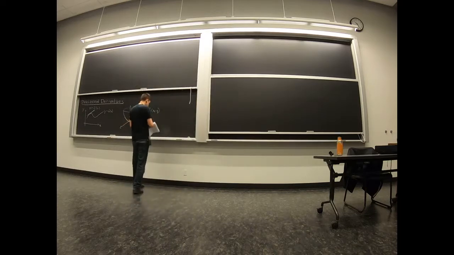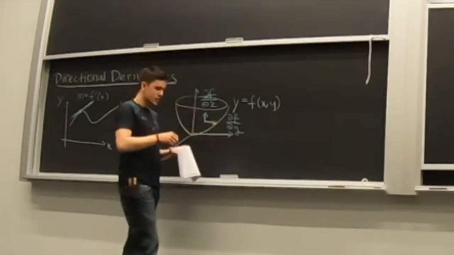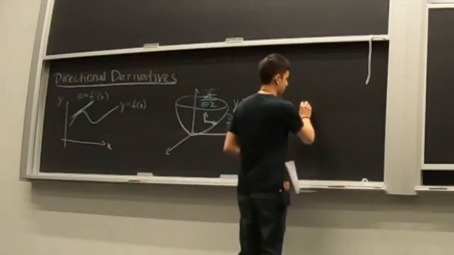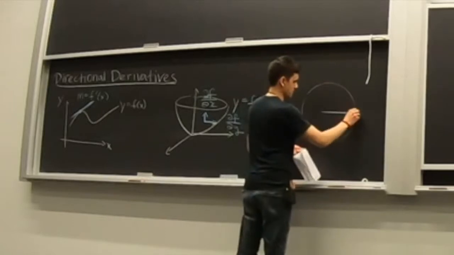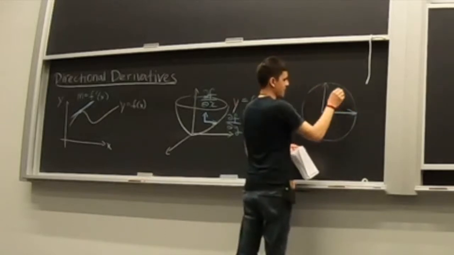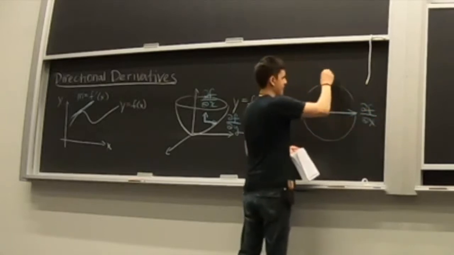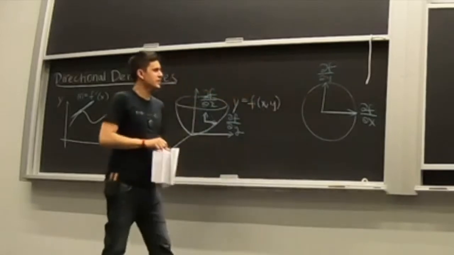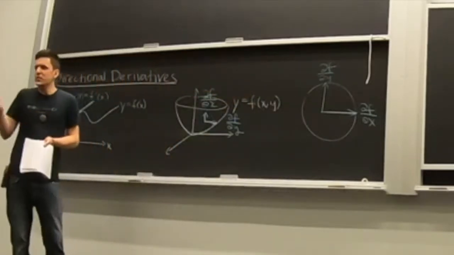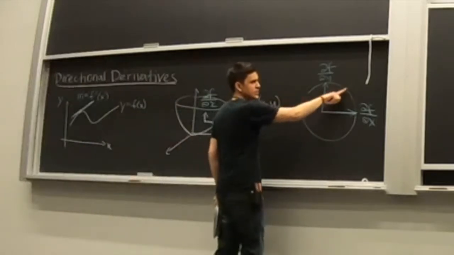So to draw a picture of this in the xy plane, we've got df dx, df dy, but there's other directions that we could travel in. We could go in this direction, right?